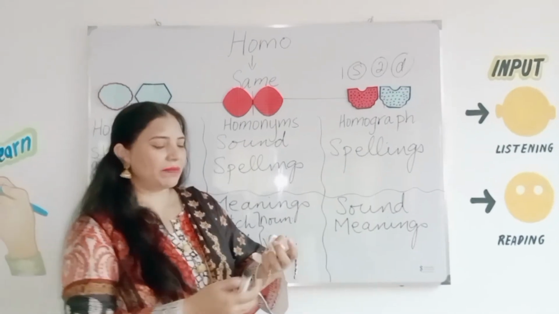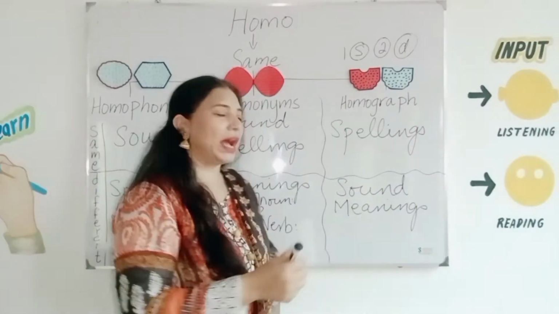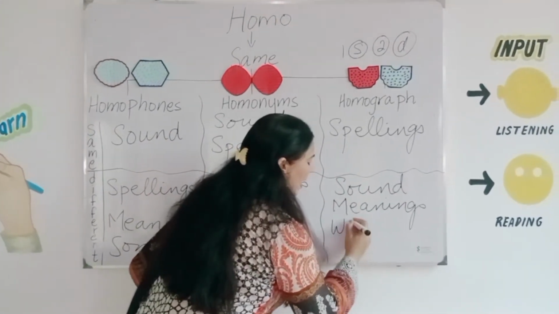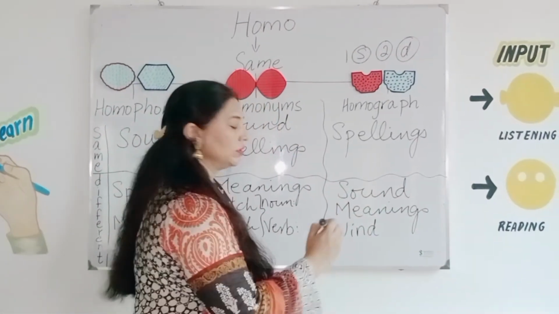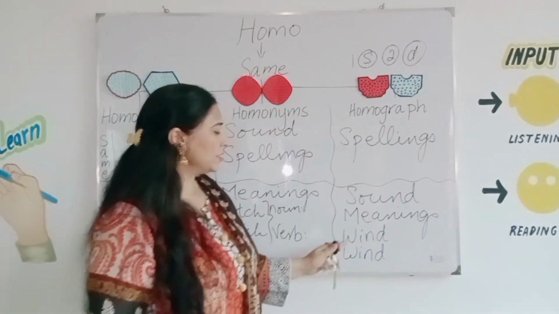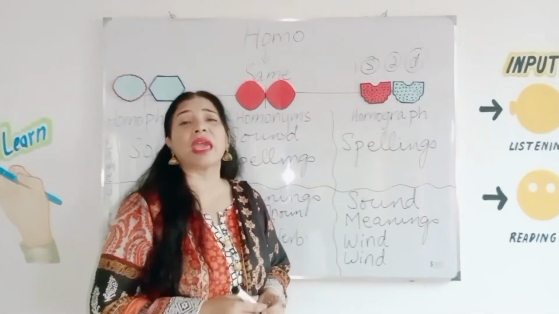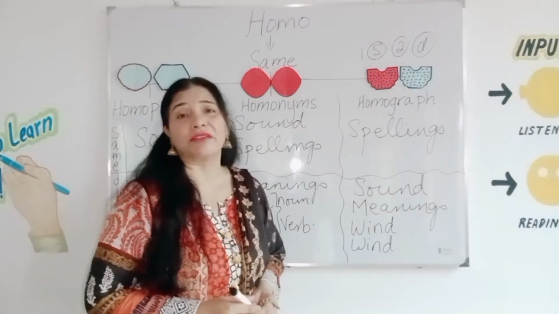You can see me holding this watch in my hand because now I have to explain you why. For example, I have this pair of words, and if you look at it, the spellings are the same. W-I-N-D, W-I-N-D. So this pair is homograph. Why?